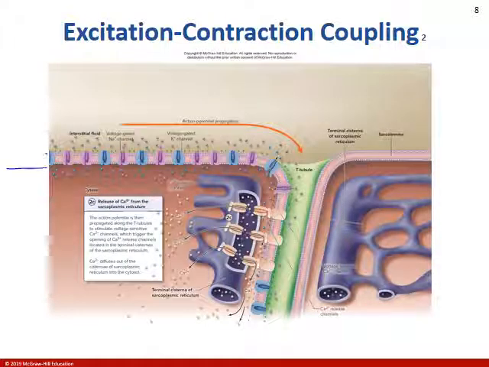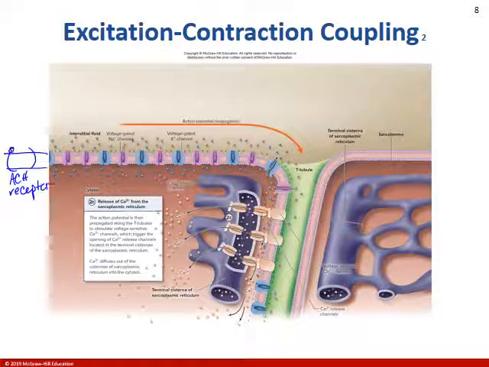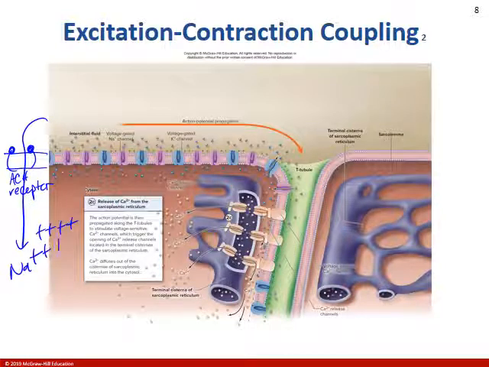So if I extended my sarcolemma out here, I would have over here my acetylcholine receptor, and I would have my acetylcholine bound. Sodium would have come inside the muscle fiber cell, right? The inside locally became more positive. So we went from negative 90 millivolts and became more positive.